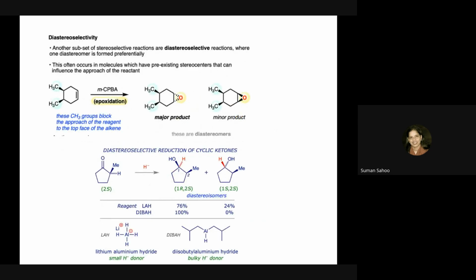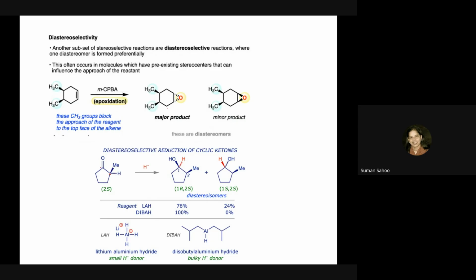And diastereoselective, when we are going to get two different diastereomers, that comes under diastereoselective reaction. For example, we already have this CH3 group on this side, so now it is going to give us two different diastereomers. This one also already has a chiral center, and the configuration of this chiral center is going to remain the same.